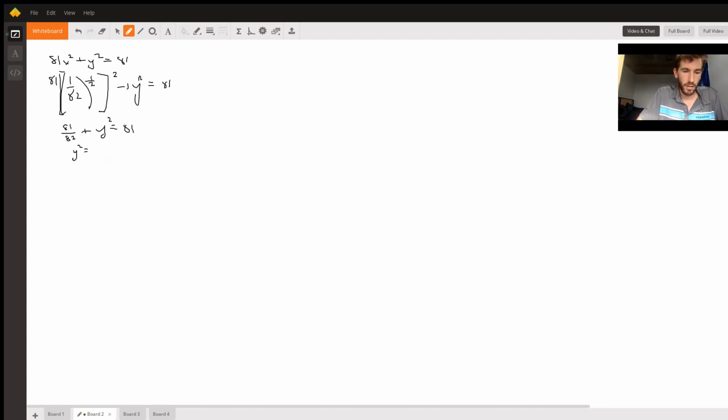So 81 minus that is going to be 80.012. So y is going to be equal to, you take the square root of both sides, 8.95, 8.94 and some change, plus or minus.